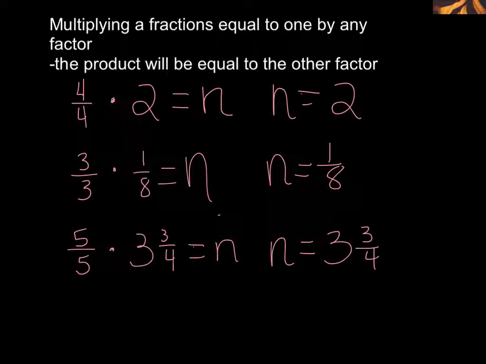Whenever you are multiplying any factor by a fraction equal to 1, then the answer is going to be equal to that other factor. Just as if we were multiplying 1 times 4 would be equal to 4, because anytime we multiply a factor by 1, it's equal to the other factor. It's still the same if we're using a fraction to represent 1.